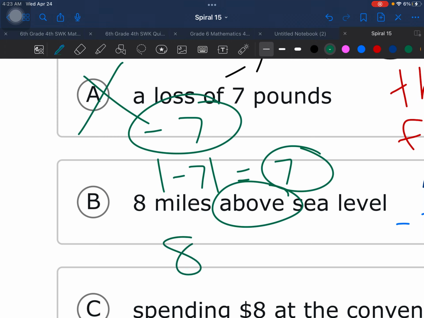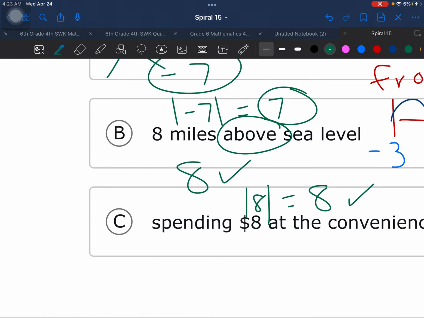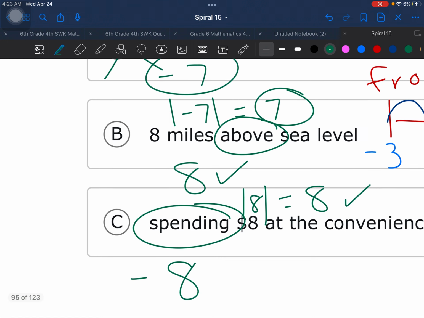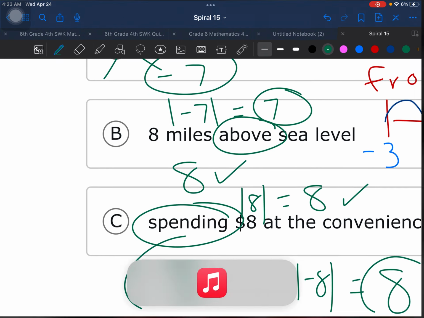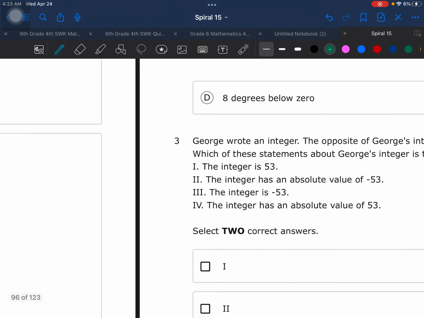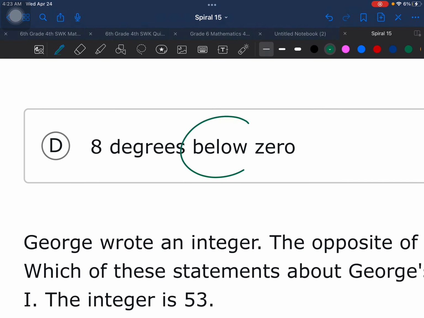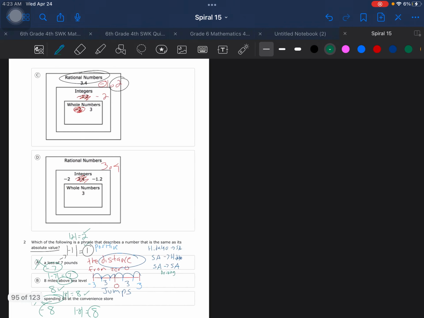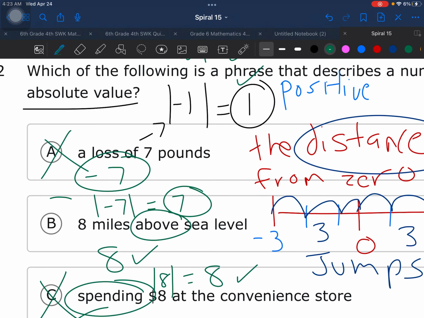The absolute value would be positive, so maybe this one. Spending would be -8. And then the absolute value of -8 is +8, so these are different. No. Below, so that's -8. And then the absolute value of a negative is positive, so these are going to be different. So no. La única que puede ser es la B.